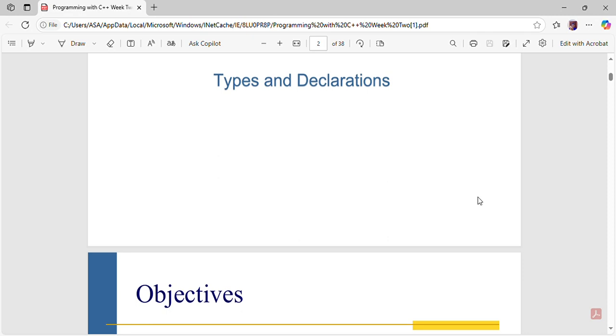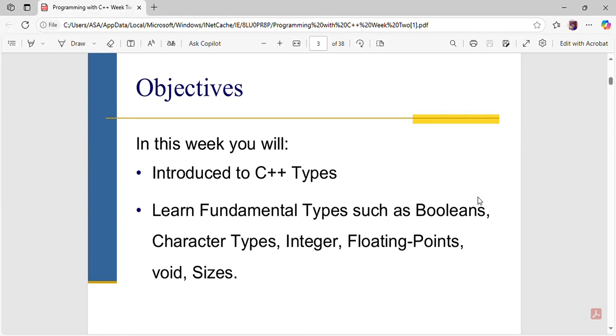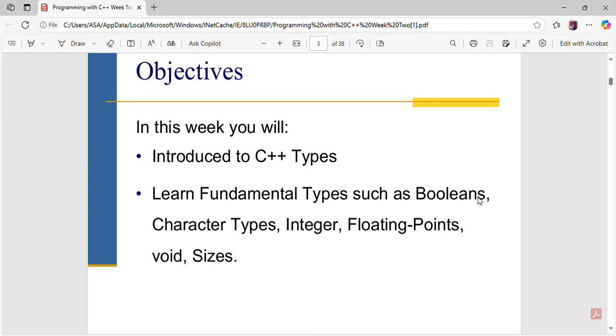Okay, so welcome to the second lesson of the C++ programming language section. Today we are going to talk about types and declarations of data used to compose the C++ language. At the end of this lesson, I will introduce you to C++ types.